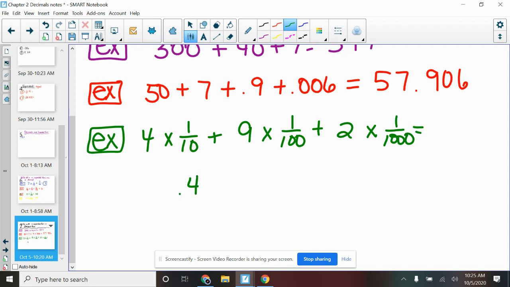But now I'm going to add to that 9 times 1/100, which is what? 9/100. So now I'm just going to put my 9 in the 100th spot. And then what's the last one? 2/1000. The 2's going to be in my thousandths. That's standard form. Okay, you all get it?